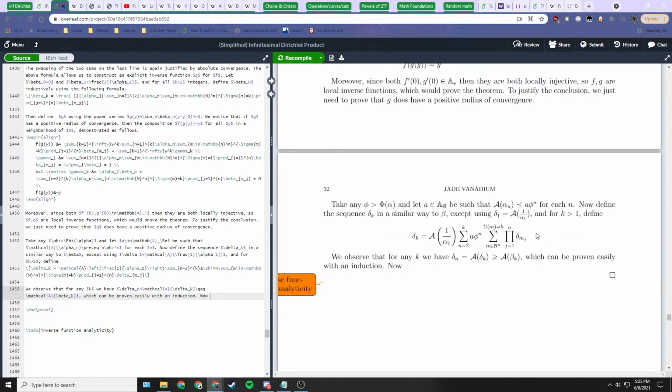Actually, that's maybe okay. I'm just trying to figure out how we're going to bound these. I think we just have to maybe do it directly.